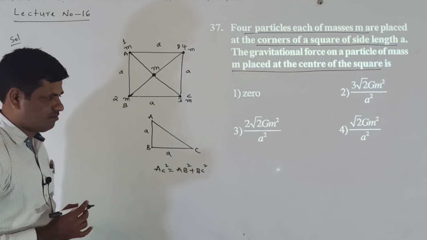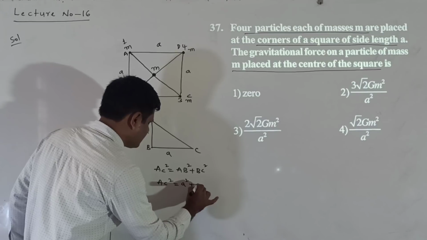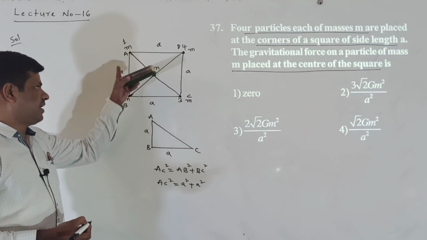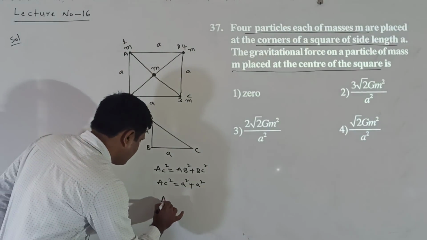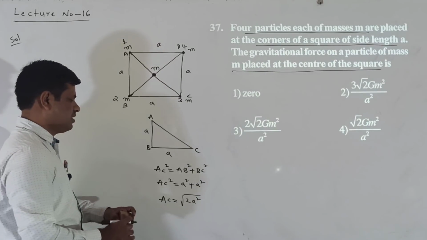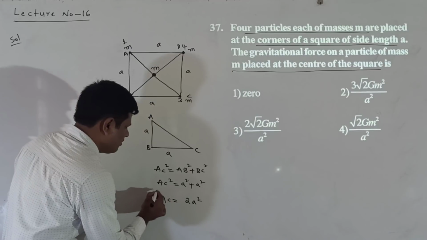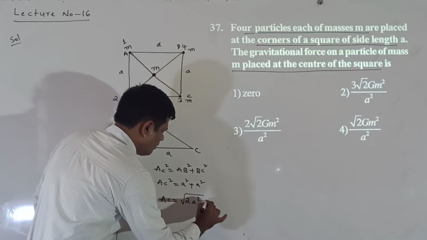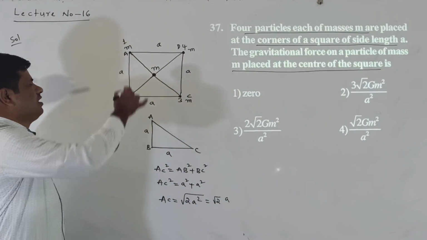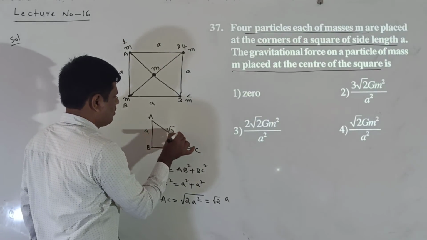AC square is equal to A square plus A square, because AB is equal to A and BC is equal to A. So AC is equal to the square root of 2A square, which is root 2 A.